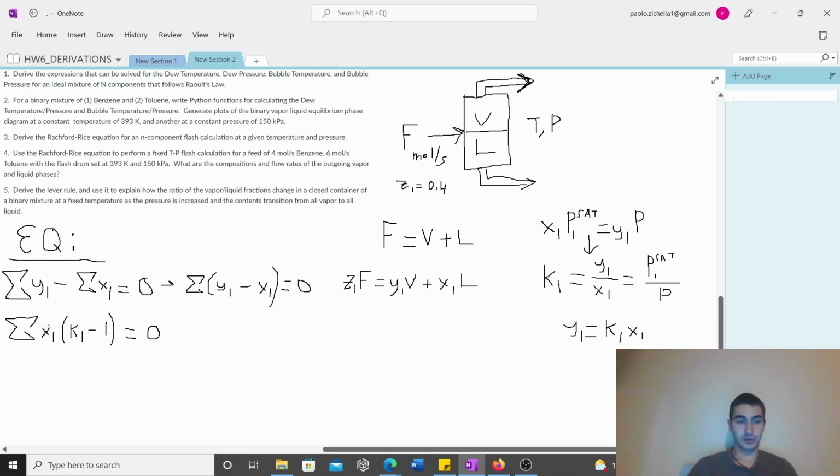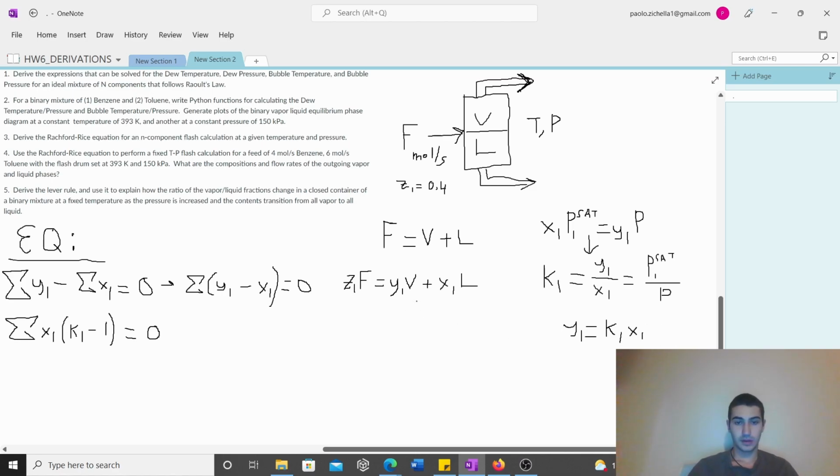Now we got the first one, but now we want to get xi out. We want to figure out how we can correlate that back here without it being an unknown. So we're going to look back at this mass balance equation that I wrote over here, and work on it. The first thing we're going to do is reconnect this yi that I solved over here into this equation.